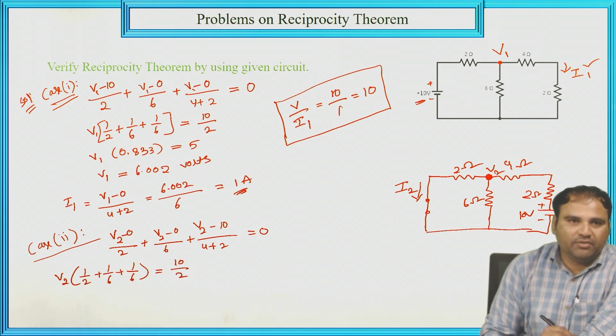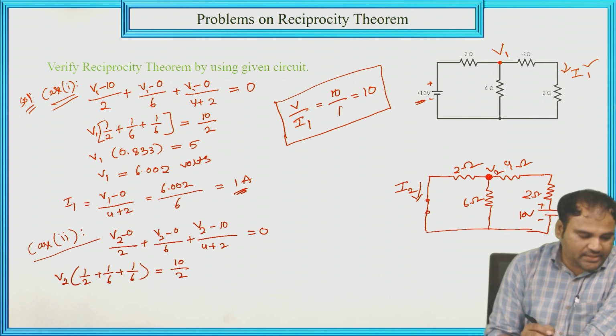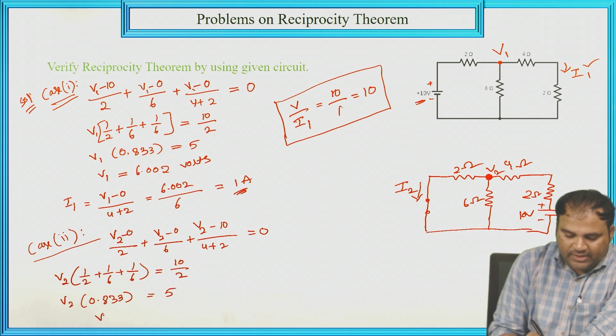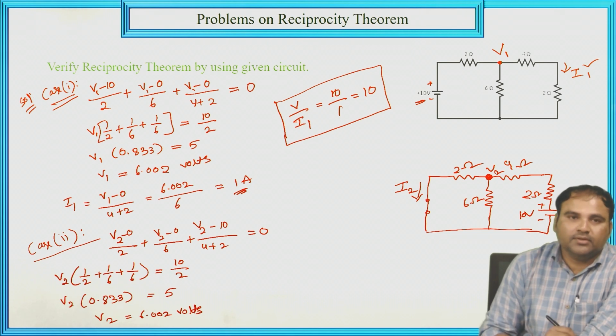Now by solving the equation, 1 by 2 plus 1 by 6 plus 1 by 6 gives V2 into 0.833 equal to 5. Then V2 is equal to, here also we get the same thing, 6.002 volts, right? So now we have the node voltage.